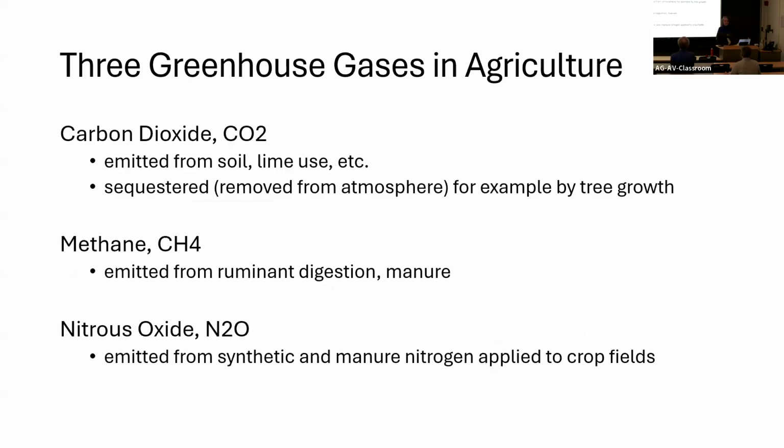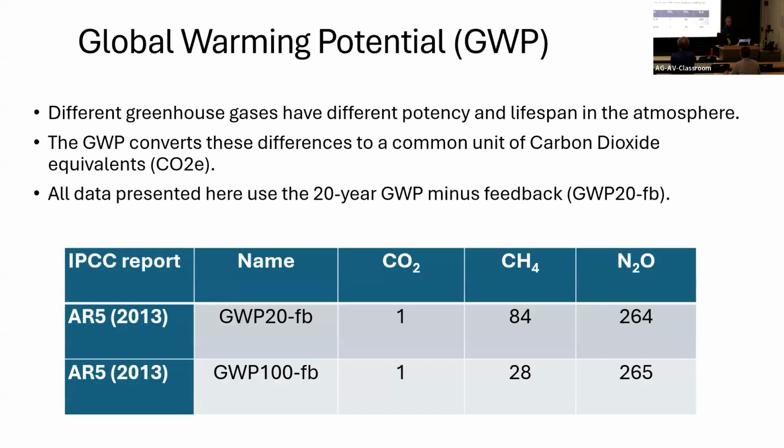Remember, there are 3 greenhouse gases in agriculture: carbon dioxide, methane, and nitrous oxide. I'm going to just skip through that, but this is very important because they're interacting, and we need to think about all 3 greenhouse gases at the same time, in part because they have different potencies. And New York State's Climate Leadership Act requires that we use the global warming potential of 20 years.